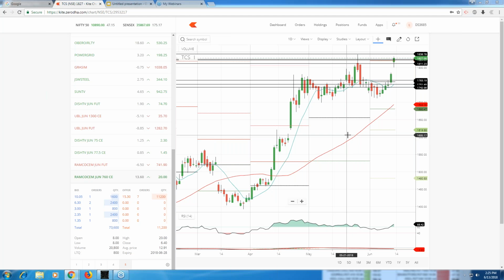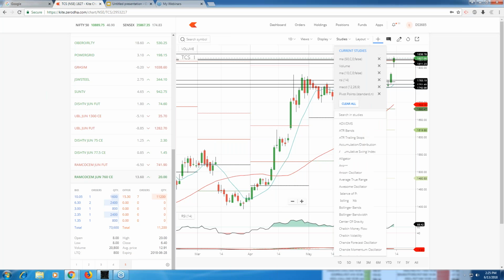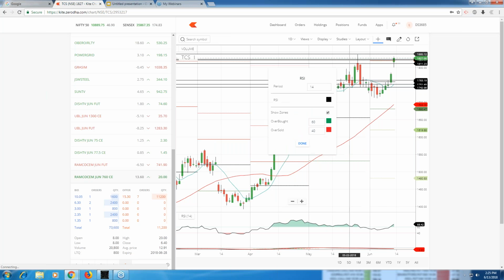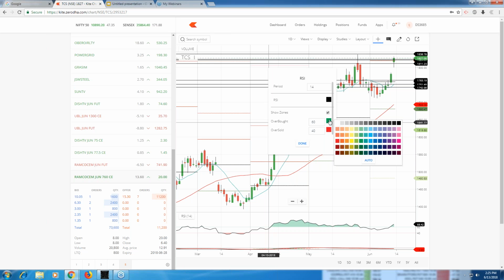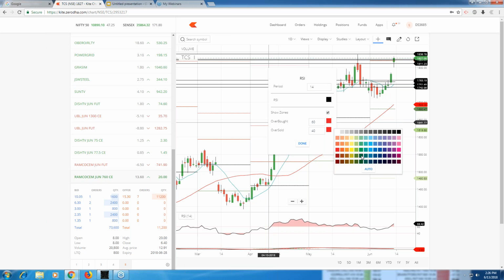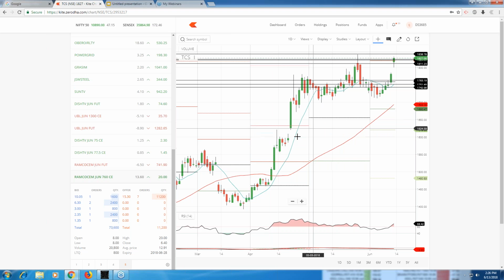So what I have done, I have modified the RSI values. I'm going to take you to the studies and see here. For me, overbought is actually 60. Sorry, it should have been red color, and this should have been the green color, right? So for me, overbought is basically above 60.